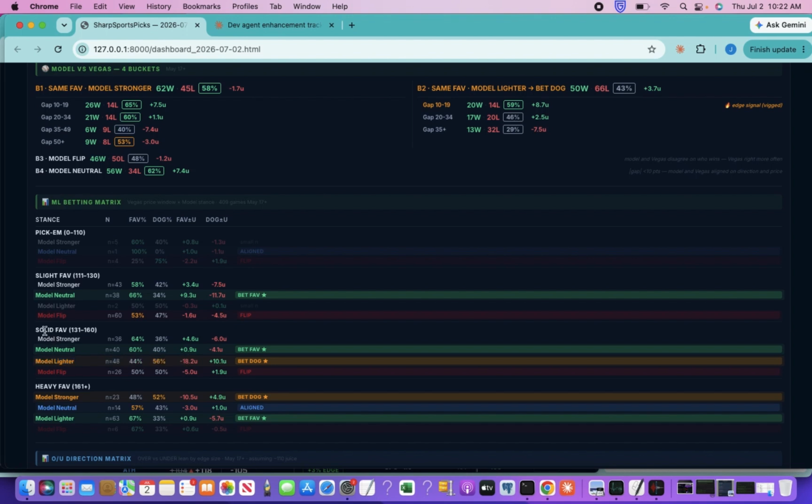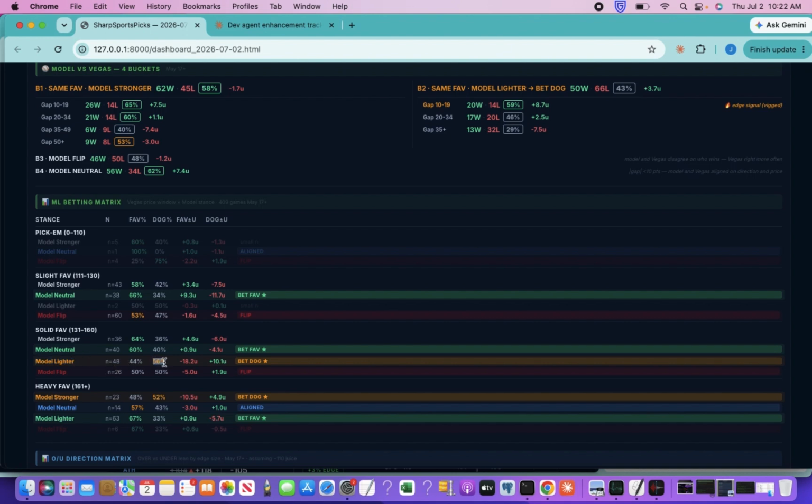So if it's a solid favorite, meaning that Vegas has the line at 131 through 160, and our model comes in lighter than that, and lighter is by like 14 points, meaning like, if it's 135 for Vegas and we have minus 118, it would fall into the model being lighter.